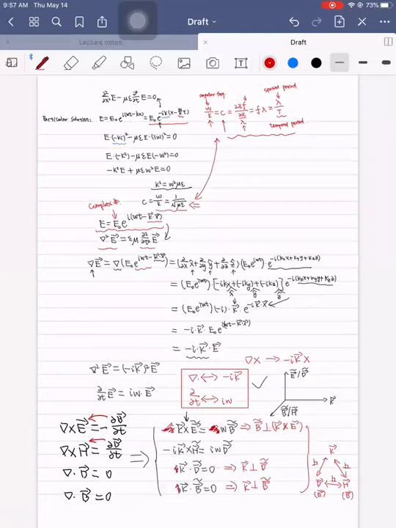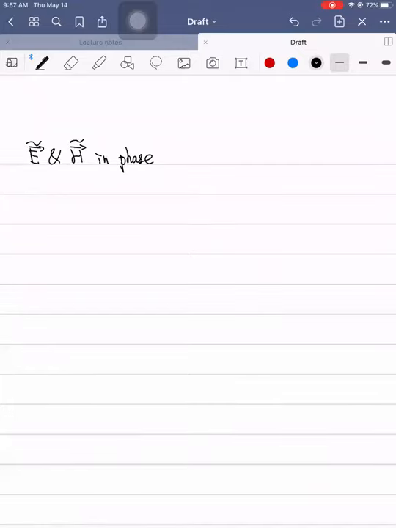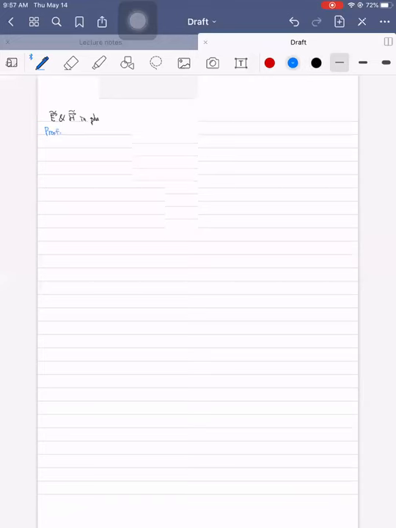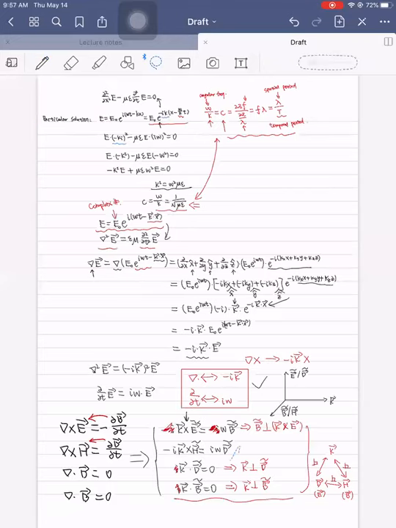And from these four equations, another significant observation is that E and H are in phase. This needs some mathematics, so I want to prove it here.